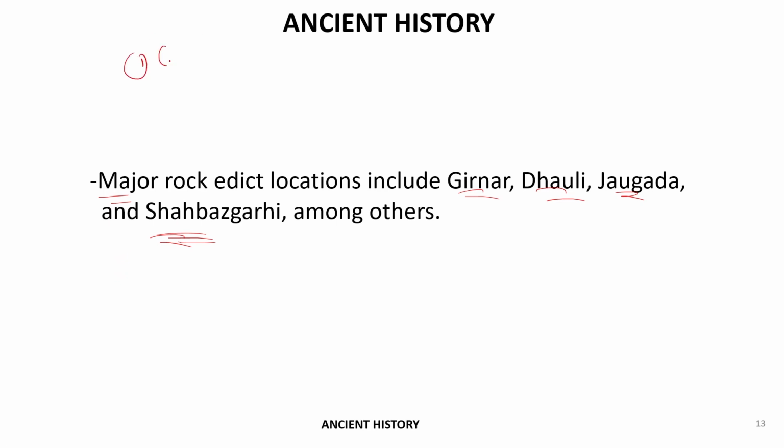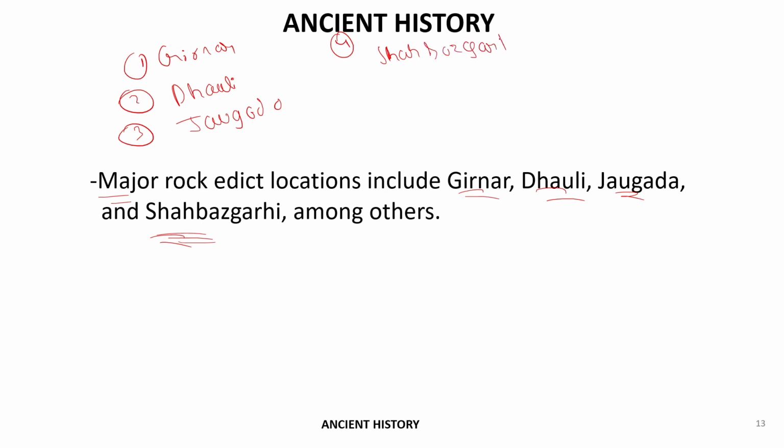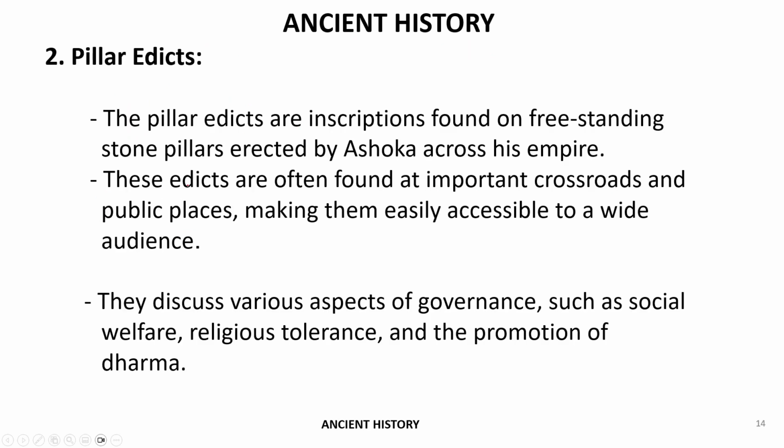First one is Girnar, second one is Dholi, third one is Jaugada, and the fourth one is Shahbazgarhi. So these were the prime locations of these rock edicts. Got it?